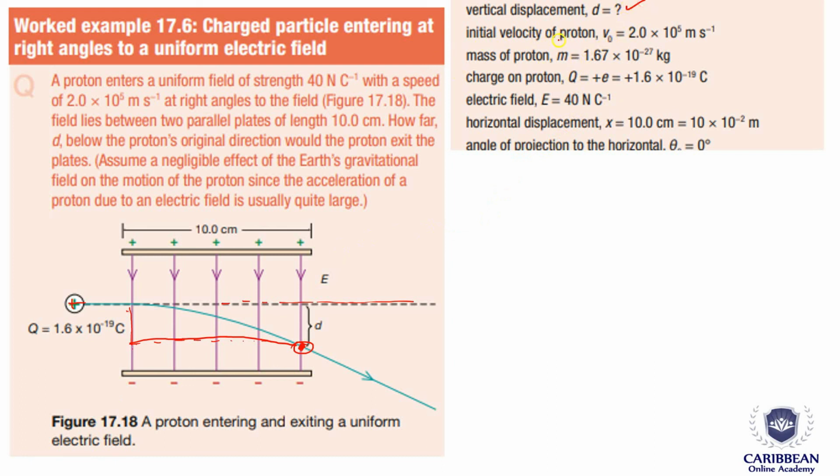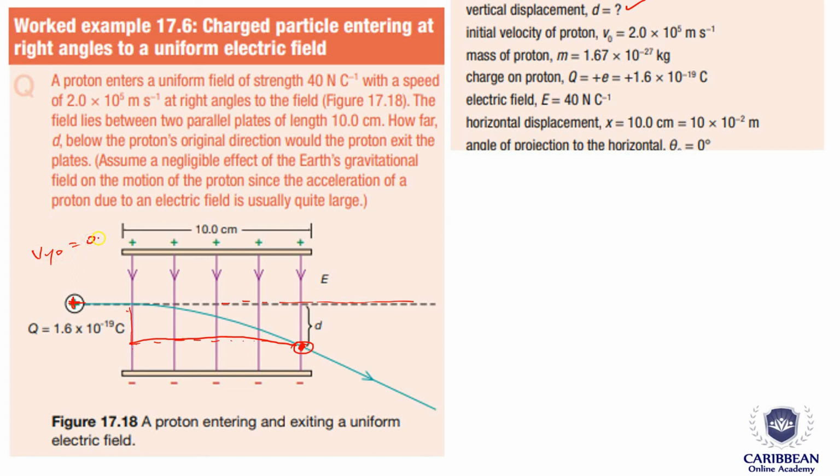We know the initial velocity of the proton. I pointed out to you that because it had been fired horizontally at first, it does not have an initial vertical velocity.